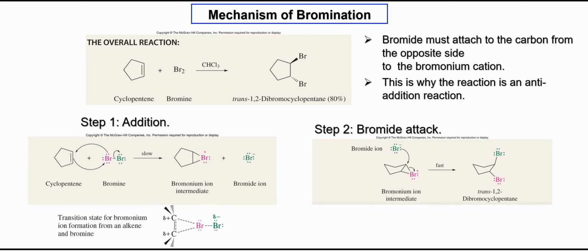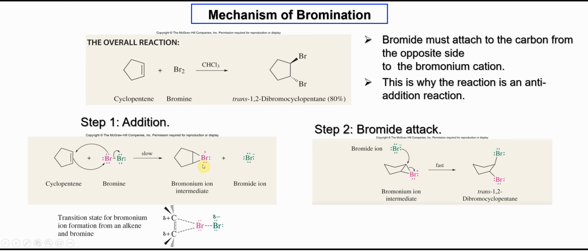So let's move back to the mechanism of bromination. If you have this cyclopentene, you are going to produce trans-1,2-dibromocyclopentane. So why do you produce a trans product? Again, the bromide is going to attach to the carbocation carbon from the back side, the opposite side to the bromonium.